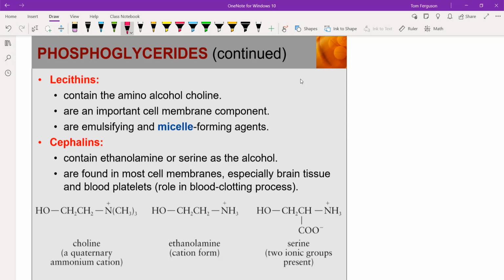Yeah, and lecithin is contained in egg yolks. And that's why you have to add egg yolk to act as an emulsifier so that your vinegar and water will blend with the oils that you're pouring in. So this is an oil and water emulsion, mayonnaise.